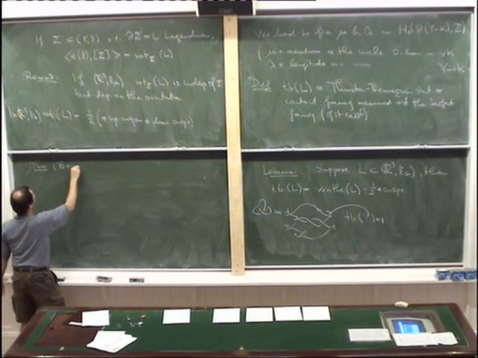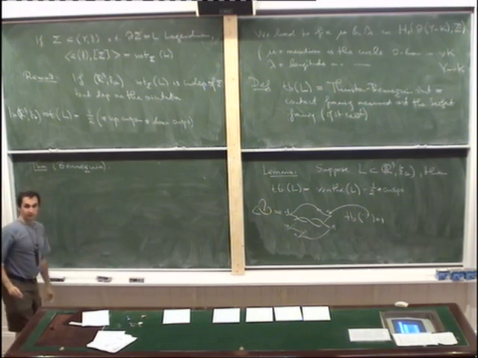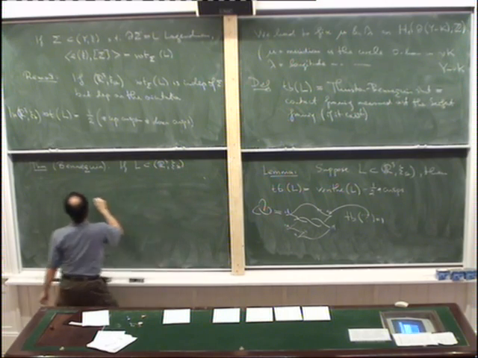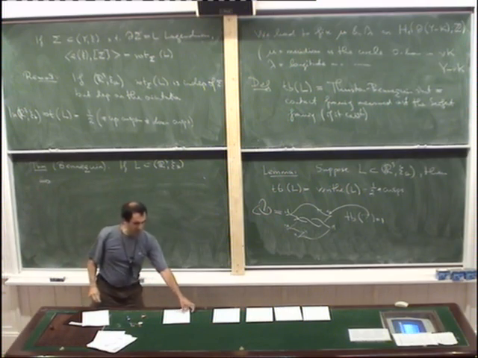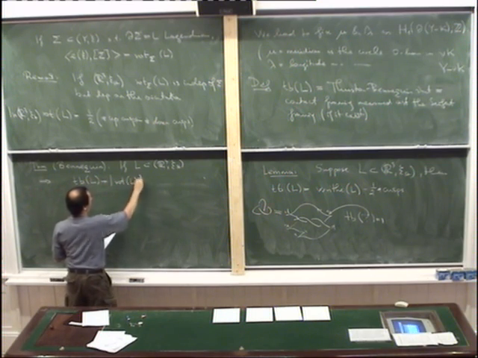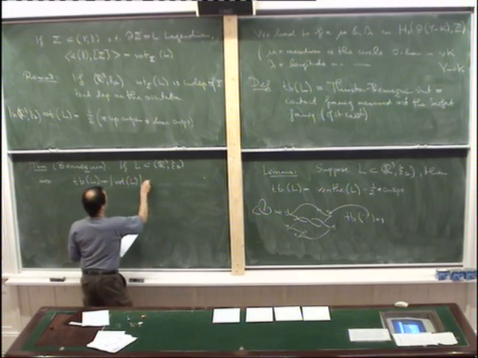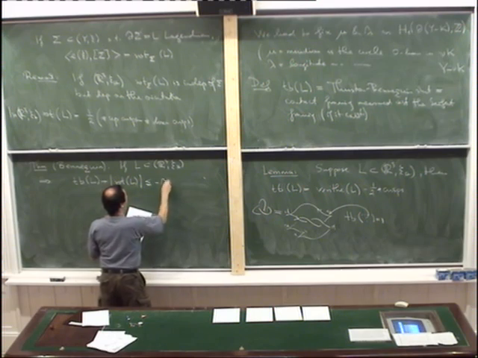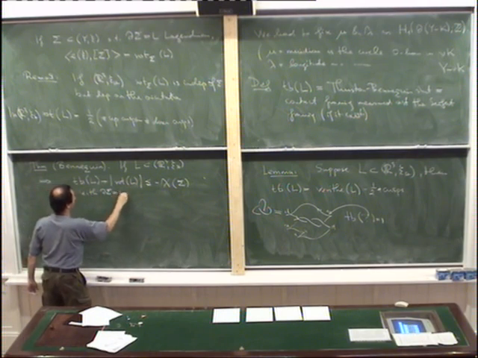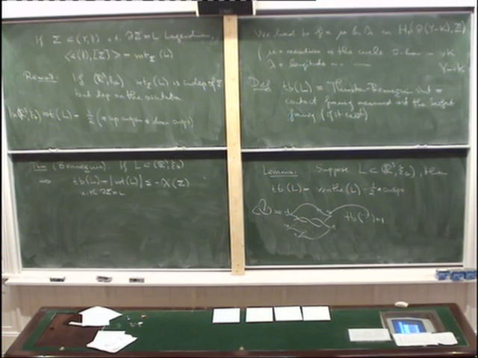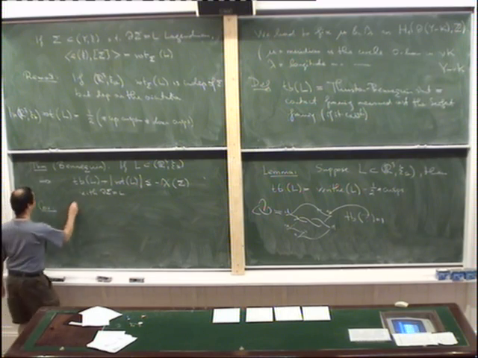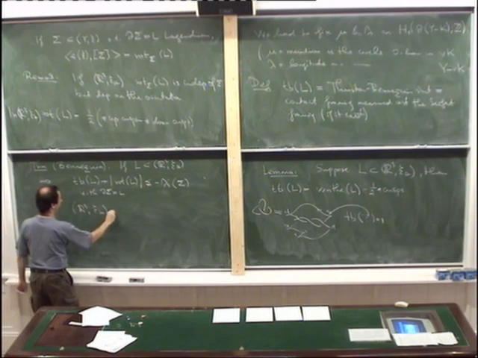The first is a theorem of Bennequin, which says the following: if L is in the standard R3, then we have an inequality which says that the Thurston-Bennequin plus the absolute value of its rotation number, you see, because we are in R3, it doesn't depend on the surface, is less than or equal to minus the Euler characteristic of any surface sigma with boundary dσ equal to L. So if you spend a little time with it, you realize that as a corollary of this theorem, we can say that R3 with ξ standard is tight.